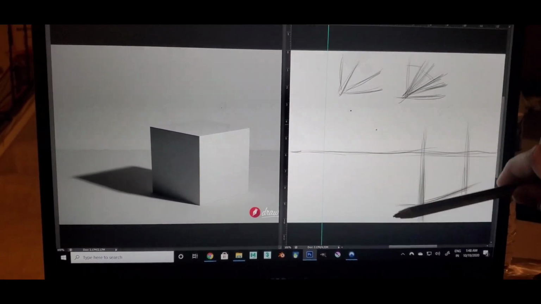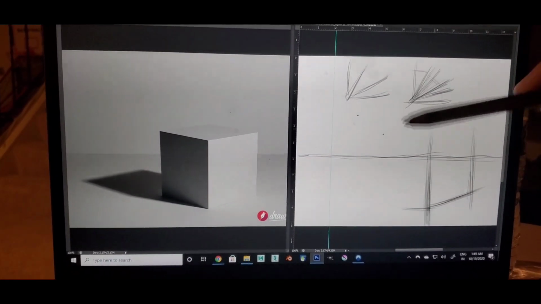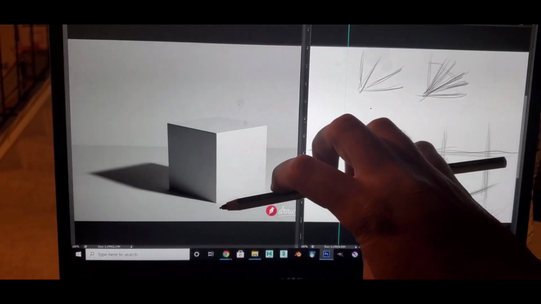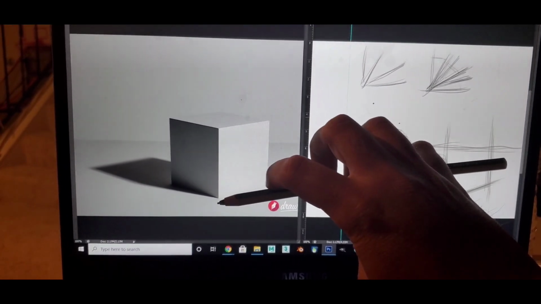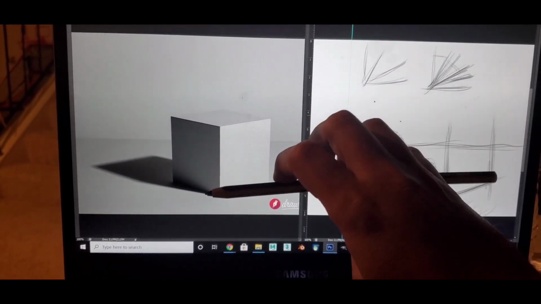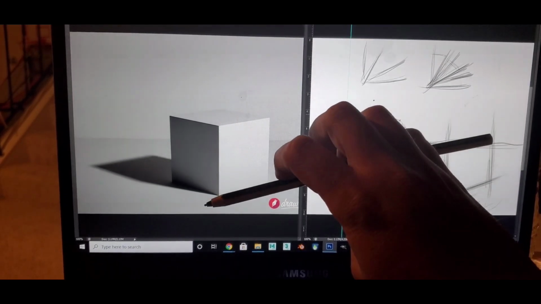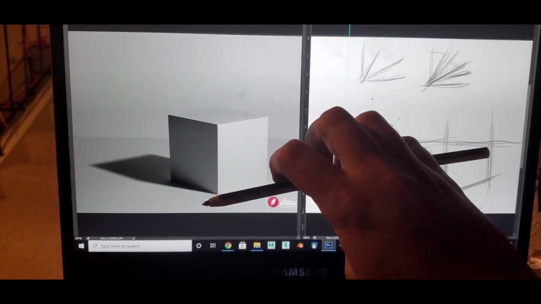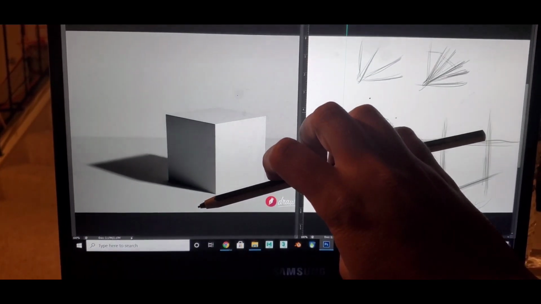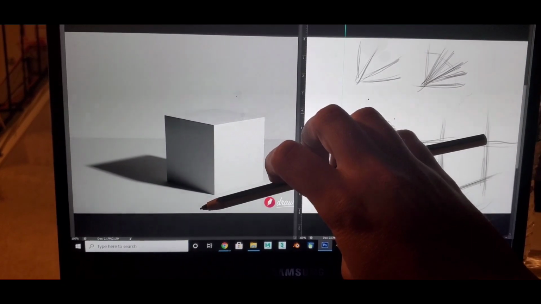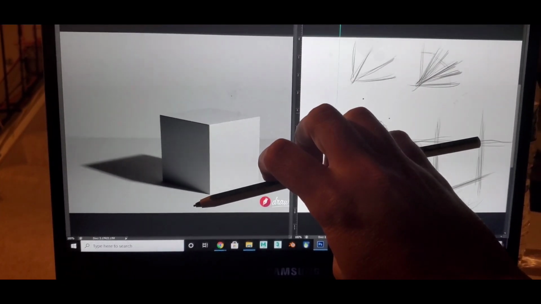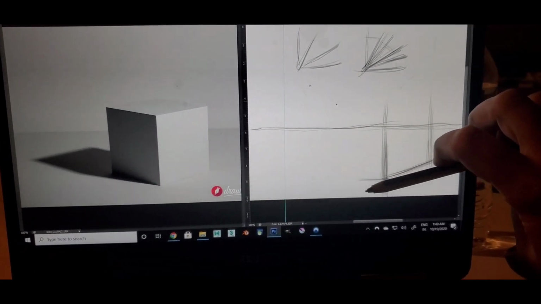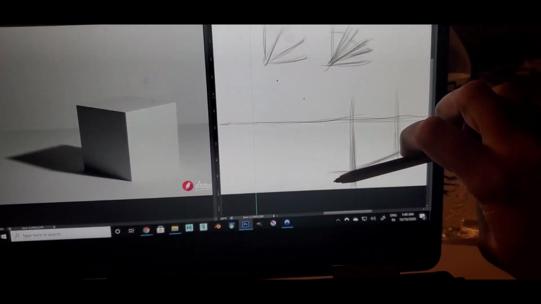And after we draw it, we have to cross check it with the same tool that I'm using, that is this pencil. You guys have to use the real pencil. I'm using my digital pen. Now I will use my shoulder as a compass and try and see if my angle is matching.